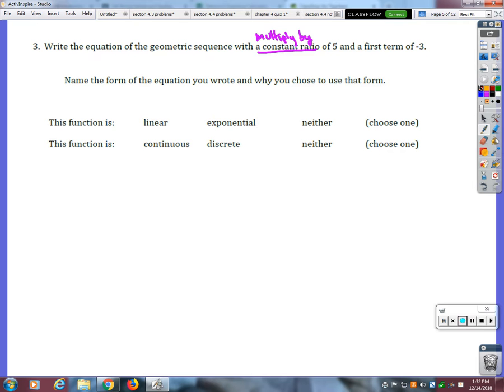Okay, but it's a geometric sequence, so that means we're multiplying by the same thing each time, so we can't use point slope for that. y equals -3 times 5 to the x. Okay? That's the one on the test, the slope? Yes, exactly. That are like curved or whatever. Uh-huh, good. Yeah. Okay.